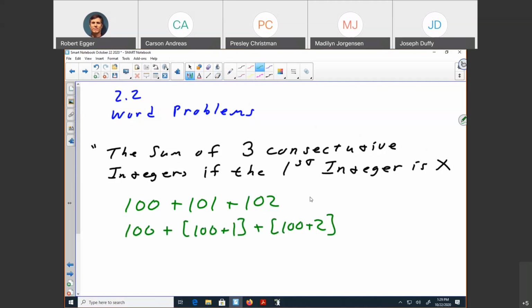So if I let 100 be x, that would make 101 equivalent to x plus 1. And 102 is x plus 2.